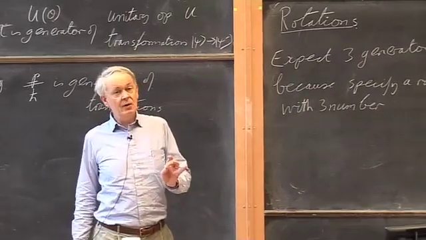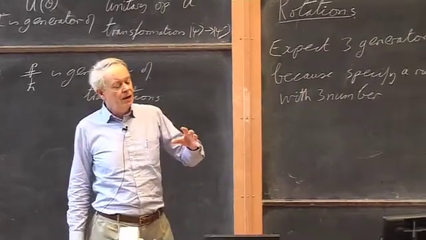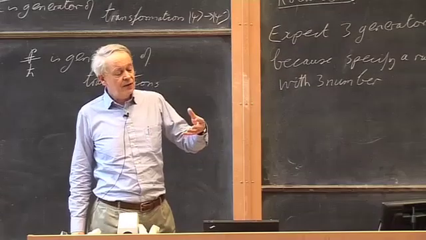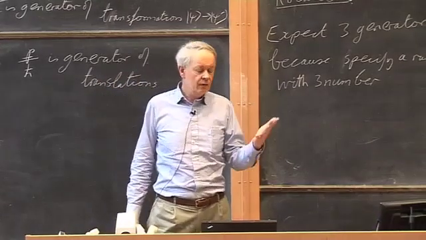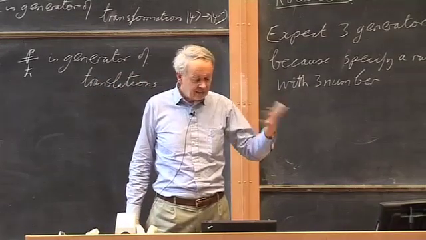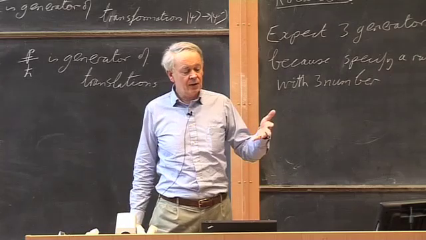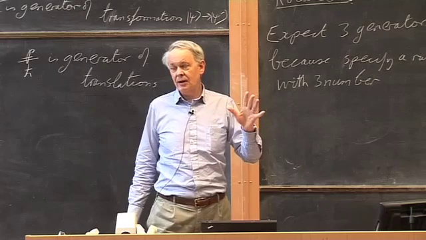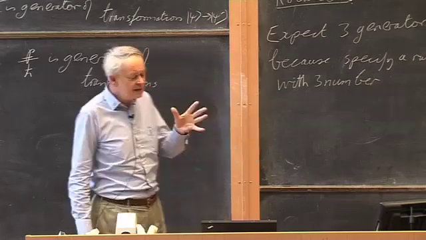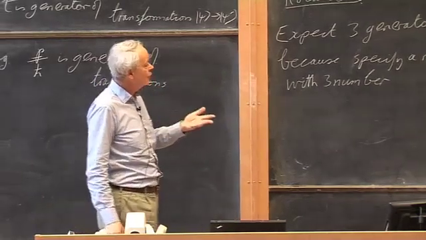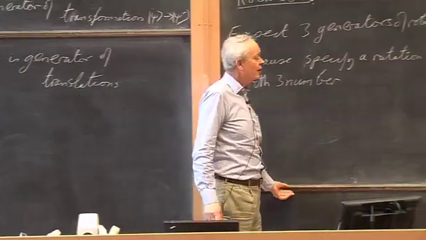There are many ways in which I can specify three numbers that define a rotation, and those of you who've done S7, the classical mechanics option, will have heard of Euler angles, of which there are three, theta, phi, and psi. But the handiest way to specify three rotations is actually through a vector.